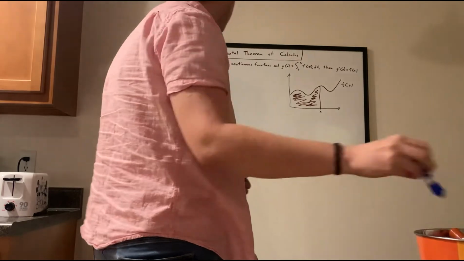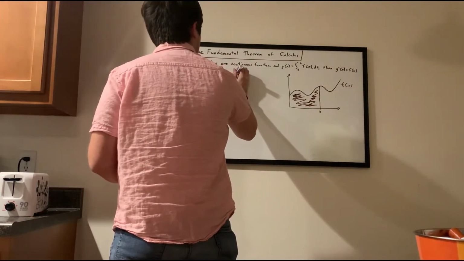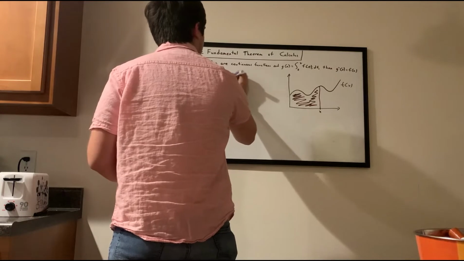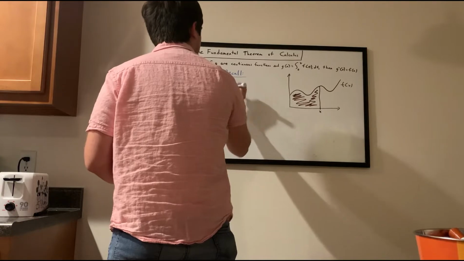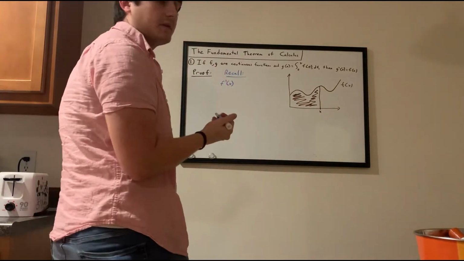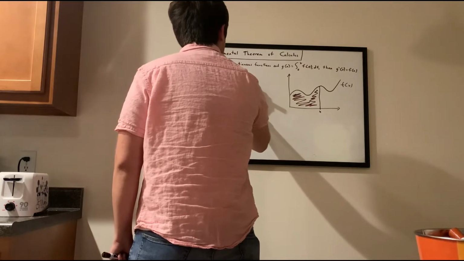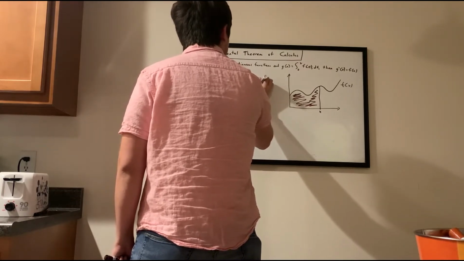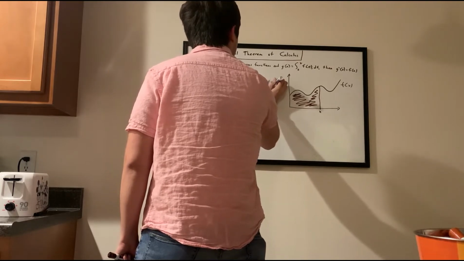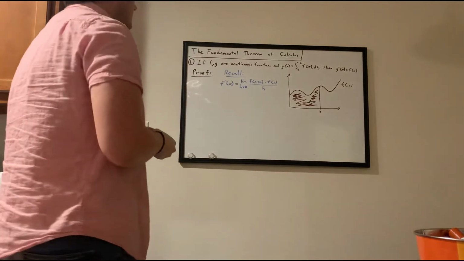So recall that f prime of x, the derivative of a function, is defined as the limit as h approaches 0 of f of x plus h minus f of x, all over h.